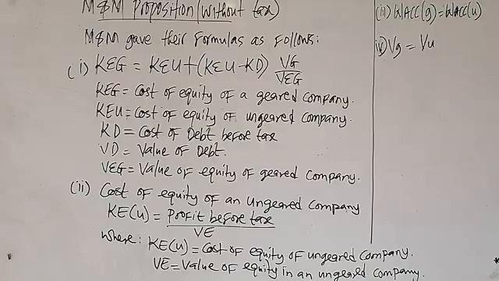in the last lecture I said that M&M argued that without taxes, the cost of capital and market value of the firm remain constant throughout all degrees of leverage. Now we have different degrees of leverage in the sense that no matter the level of leverage, that is debt, that you have in your capital structure, the market value and the cost of capital remain the same if there is no tax.